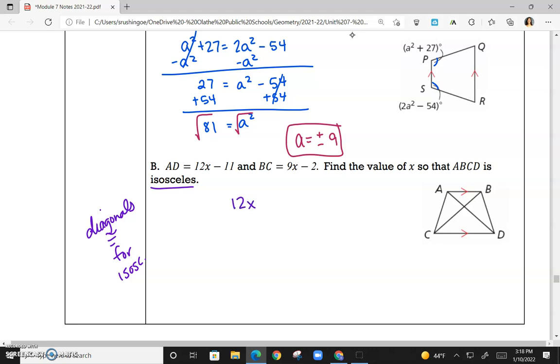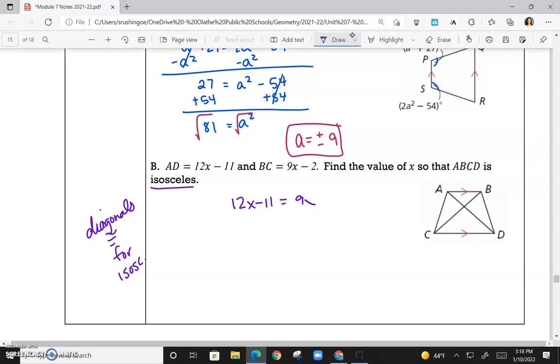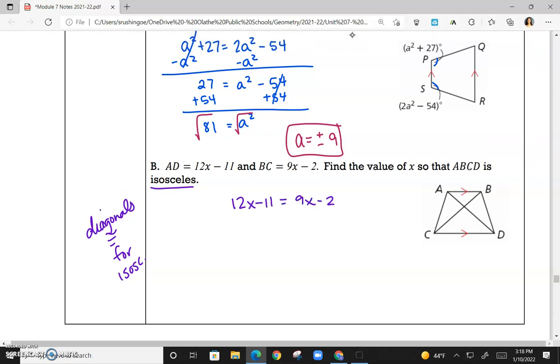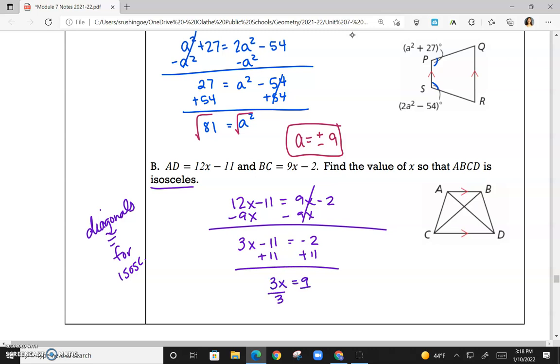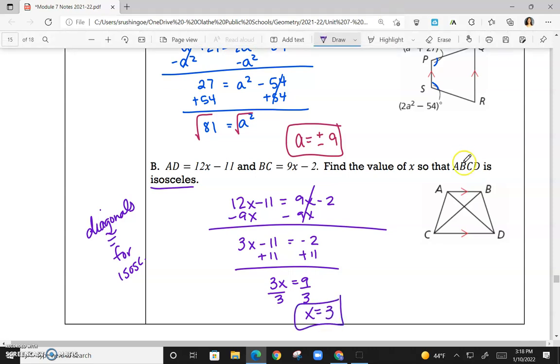So we're just going to go ahead and set those equal to each other to solve and make it into an isosceles. So 3x minus 11 is equal to negative 2, and we add 11, and 3x is equal to 9, which means when we divide by 3, x would need to be 3 in order for that to be an isosceles.